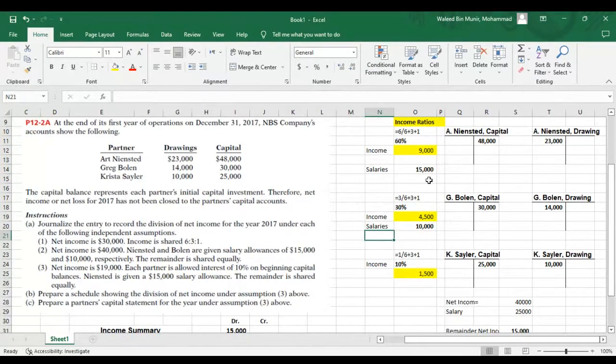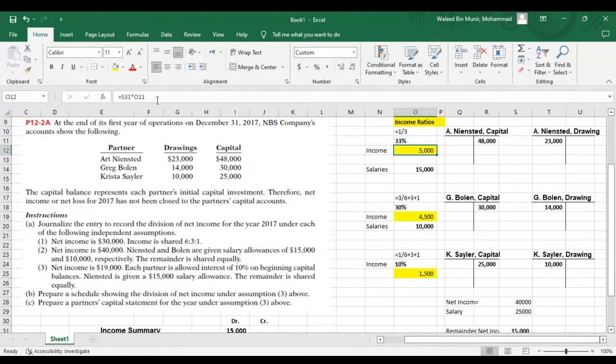Now equally means the remaining income. What is the income sharing ratio? Understand? It's not going to be like this one. It's going to be 1 by 3, right? Everyone will get, what is their ratio? Equally. There are three partners. 1 by 3, right?